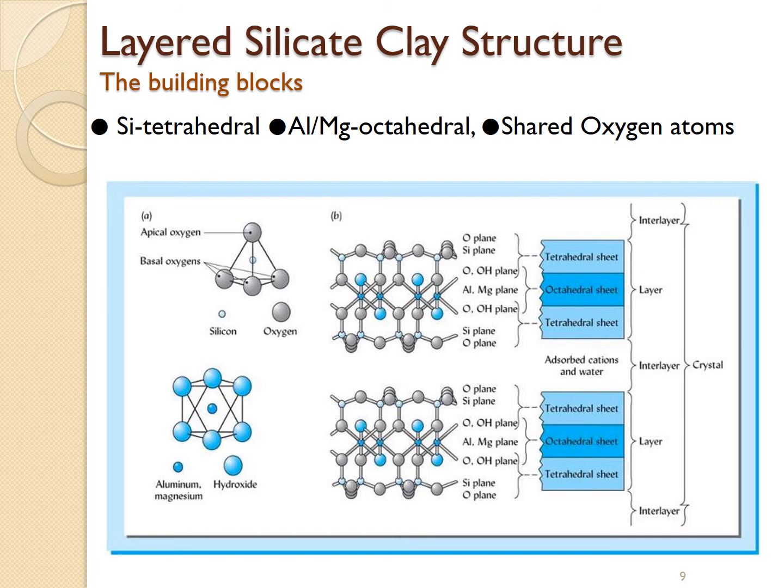So again, the building blocks are the tetrahedra and the octahedra, and the tetrahedral sheets usually sandwich the octahedral sheet, and then there'll be an interlayer space before the structure repeats.